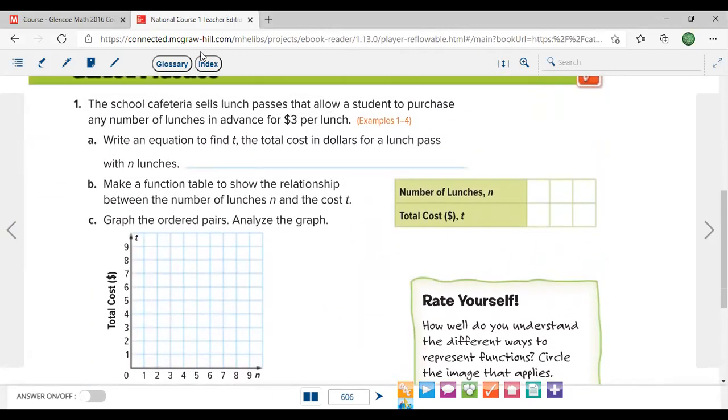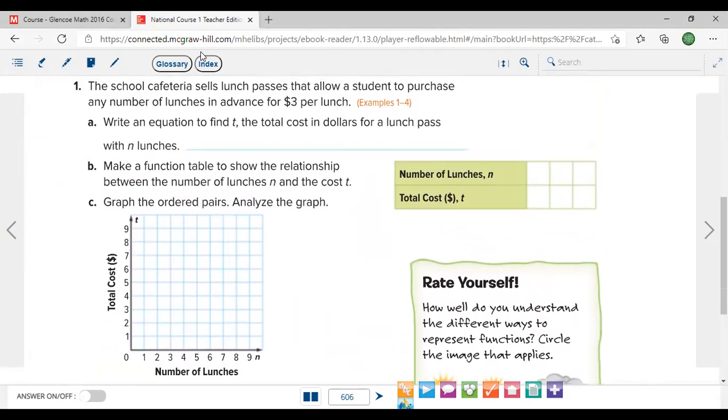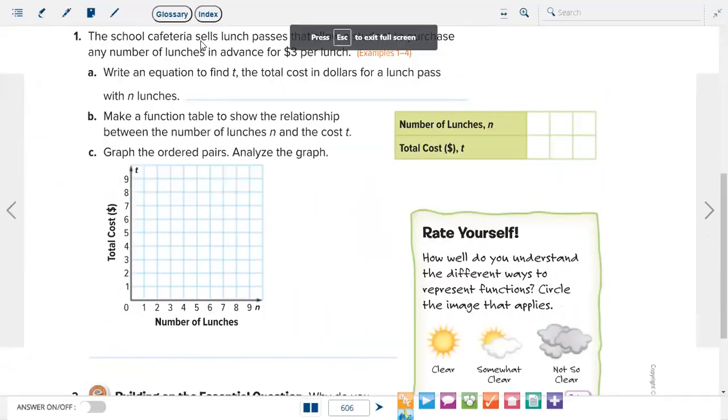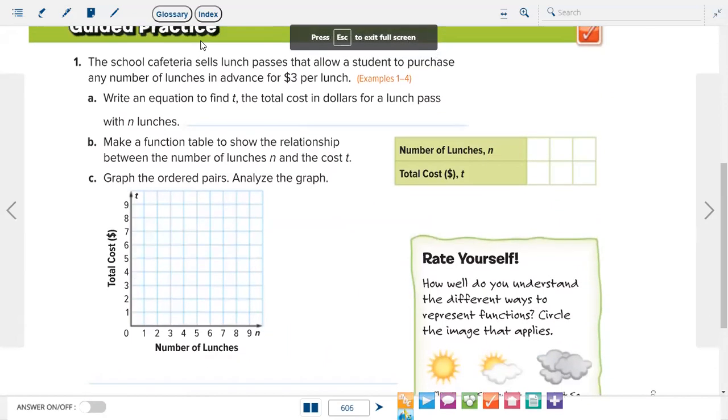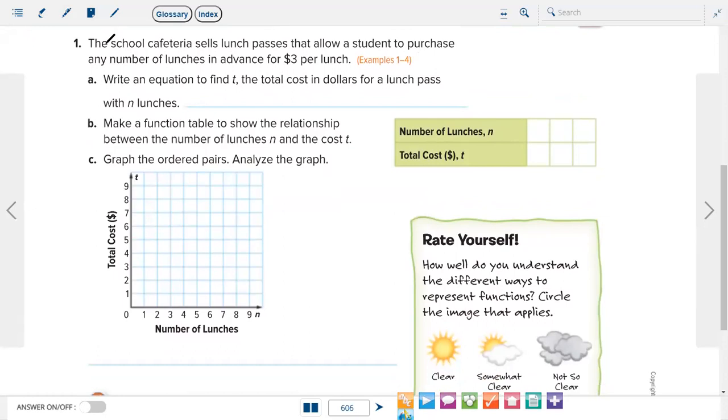Now, in the guided practice, it's only one problem, and we will solve it together. The school cafeteria sells lunch passes that allow a student to purchase any number of lunches in advance for $3 per lunch.